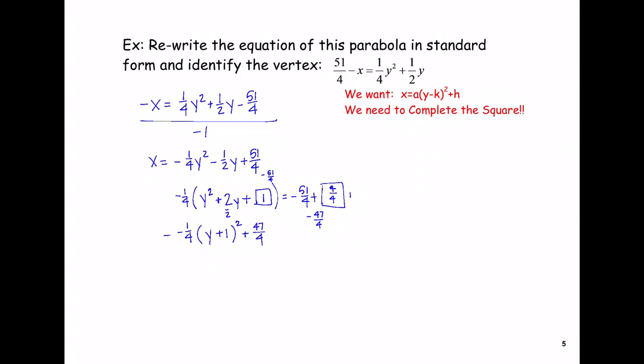And I just got the standard form of my parabola. Notice this is your k, this is your h, outside stays the same. So my x coordinate of my vertex is 47 over 4. My y coordinate is the opposite. It is a negative 1 because it's inside.